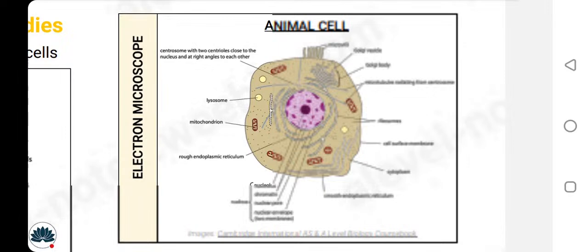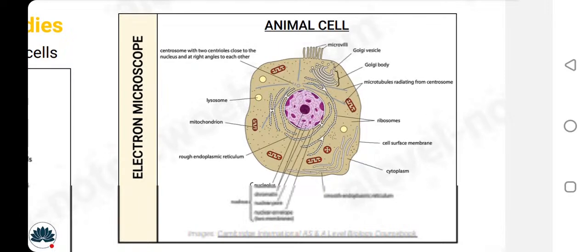Now just focus on this animal cell, what is visible in the animal cell while using the electron microscope. Centrosome with two centrioles close to the nucleus and at right angles to each other. If you haven't started chapter number 5 of your Biology AS 9700, just go through the video which we have already done today, the live session.